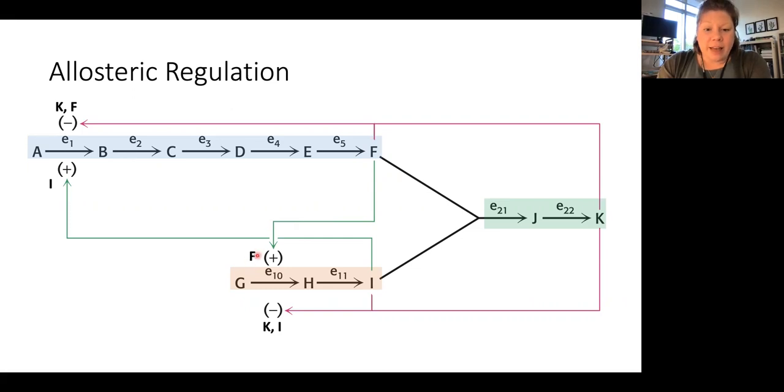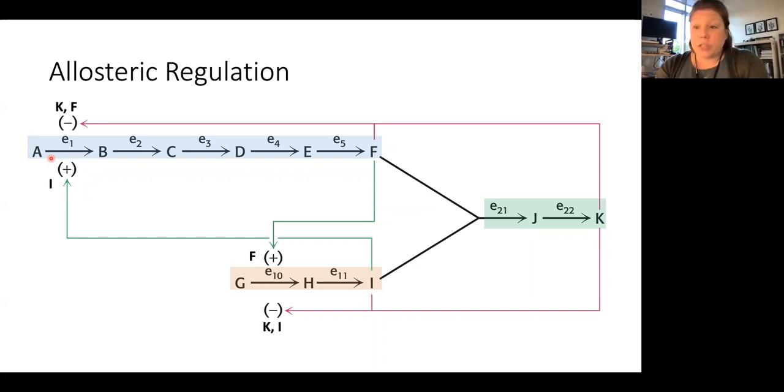So if we've got lots of F, hey, you guys, come on, let's make some I so that we can ultimately build some K. And similarly, if we've got lots of I, it can feed back to activate enzyme 1 to say, let's make some more F, you guys. I'm just standing around here being bored. So that's the idea of allosteric regulation.